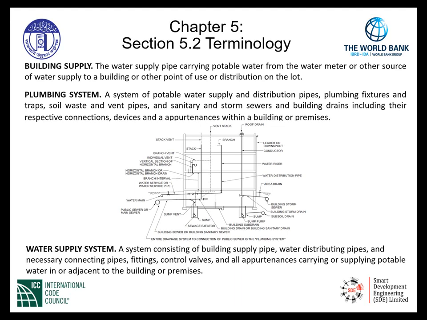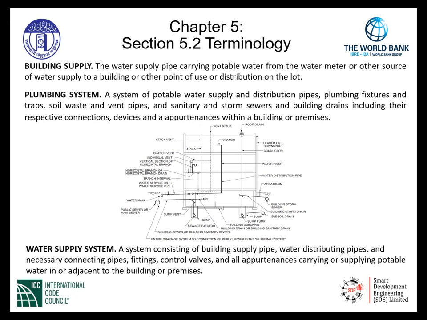So, as can be seen by the definition of plumbing system, it essentially indicates the entire parts and different systems that we utilize in our building, from not only water supply and distribution piping to the sanitary and storm drainage system as well. The last definition is water supply system in this particular slide.